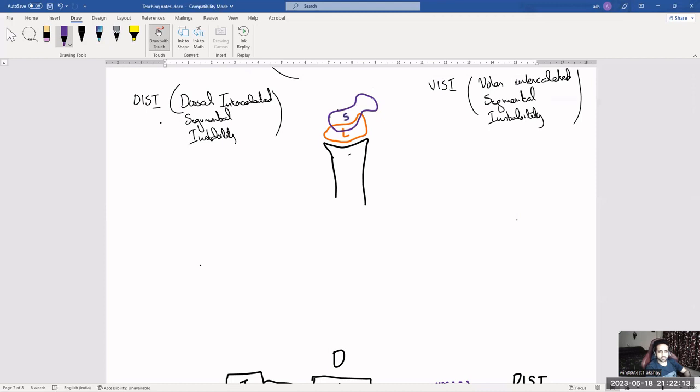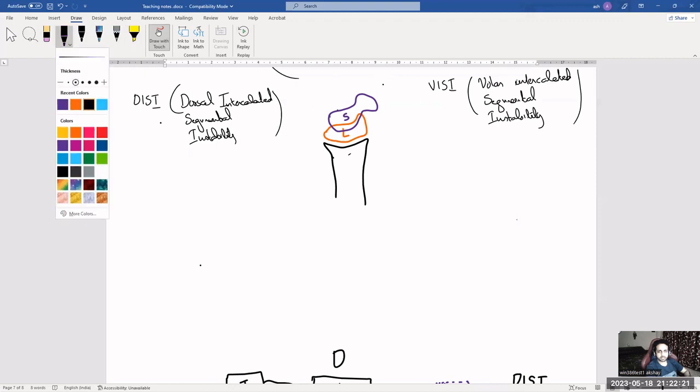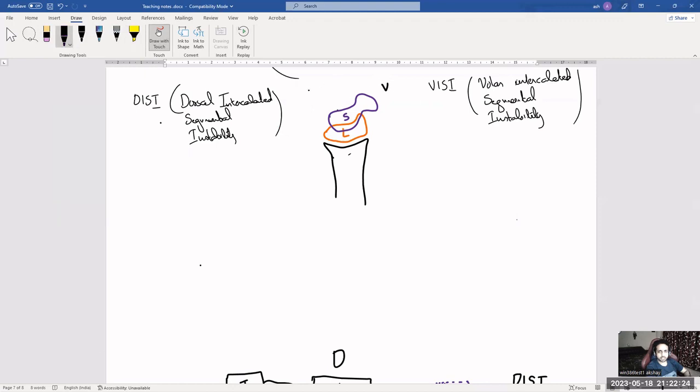This part will be the anterior or the volar aspect, and this is the dorsal aspect. So this is how the scaphoid and lunate are normally oriented.